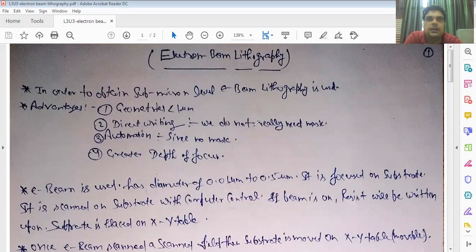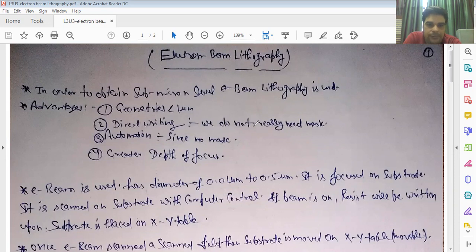Now, another advantage of electron beam lithography is that automation is possible. Because the mask is not present, automation is possible in electron beam lithography. In fact, this is done with the help of computers.